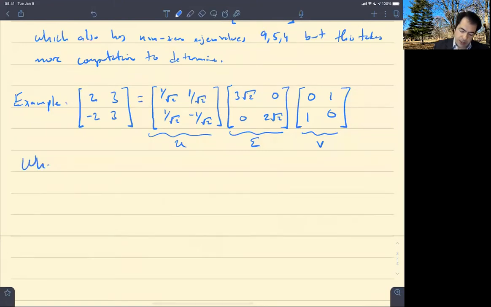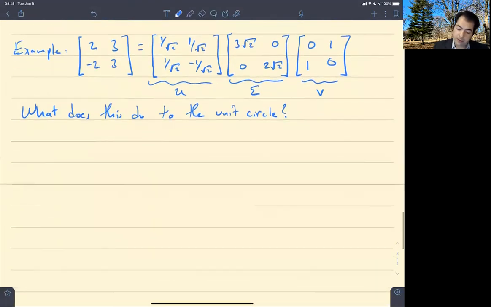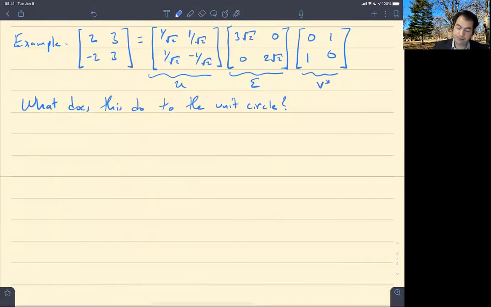So one way of approaching that is to look at what does this do to the unit circle. Right, so we have a map from R2 to R2. We could look at, no, sorry, this would be V star, which in this case is the same as V. We could look at what does this do to the unit circle. So V star is an isometry, right? Because its columns form an orthonormal basis.